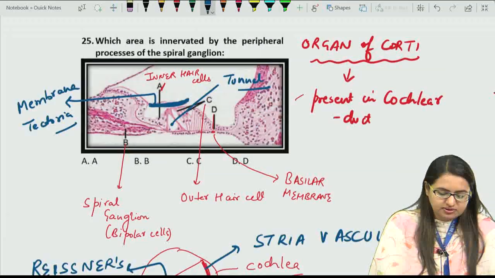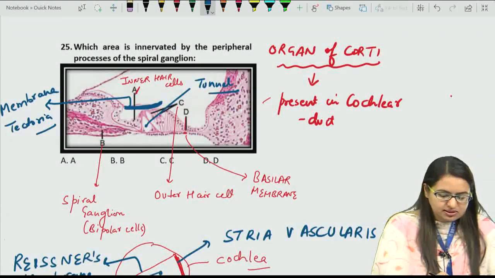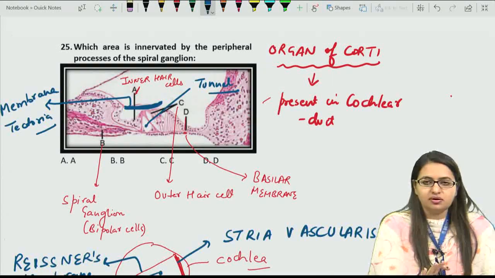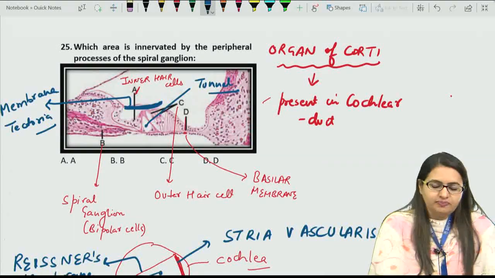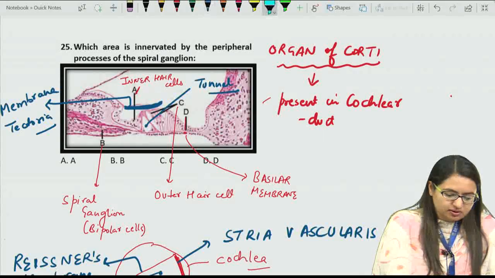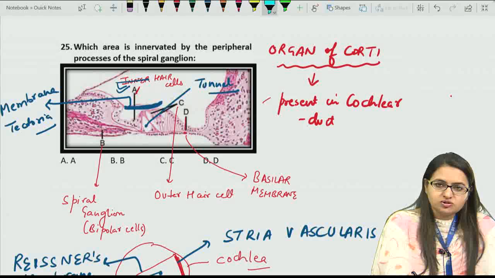So the membrana tectoria, tunnel of Corti, outer hair cells and inner hair cells are all components of the organ of Corti, and among these the inner hair cells are the chief cells responsible for hearing.